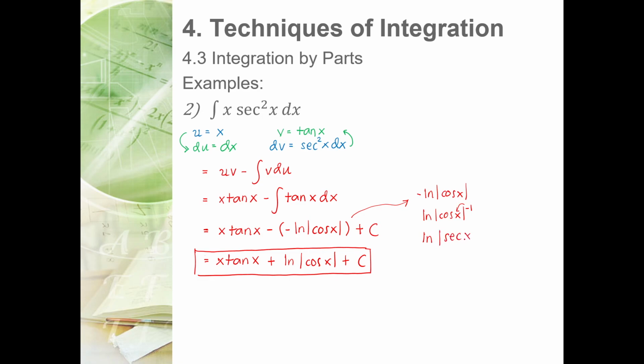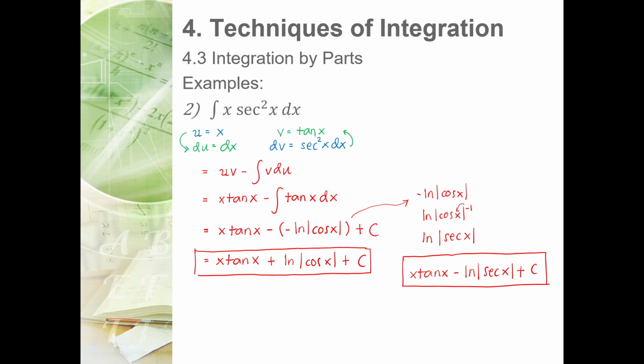So applying this one here, this becomes ln secant x. So the other possible answer for this one, I'll add it here: x tangent x, so instead of plus it becomes minus ln secant x plus c. If you want that in that term, you can also use this as your answer.